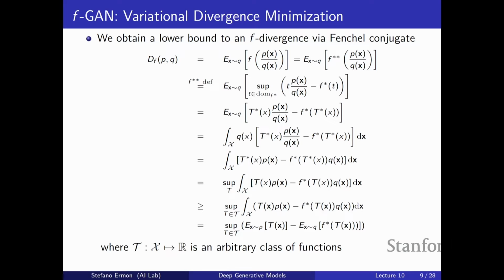So yes, you still have those problems. In that sense, it's approximately optimizing an F-divergence. If you could somehow optimize over all possible discriminators, and you had infinite data and were able to solve this optimization problem perfectly, then you could really optimize an F-divergence. But in practice, there are always approximations.